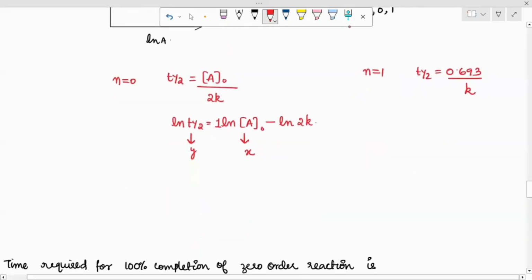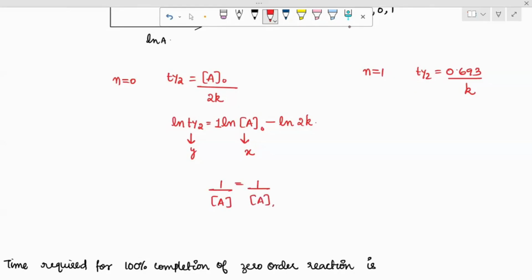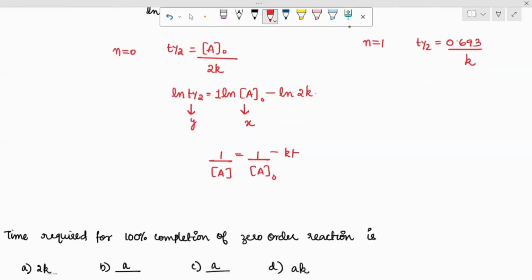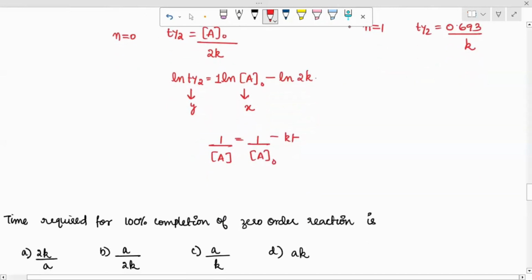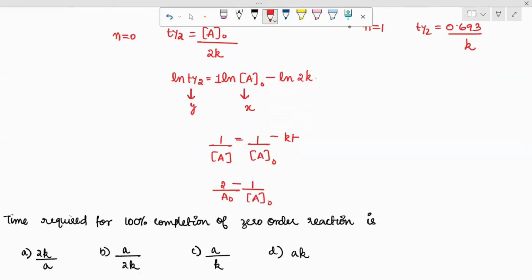Let's try it out. What is the integrated rate equation for second order reaction? It is 1 by A is equal to 1 by A naught minus KT. Now, if we have to substitute the values of A at T half, it's going to be equal to 2 by A naught minus 1 by A naught is equal to KT half.